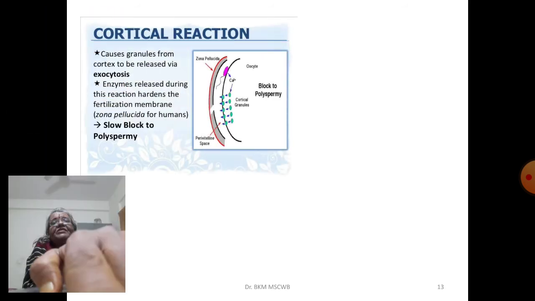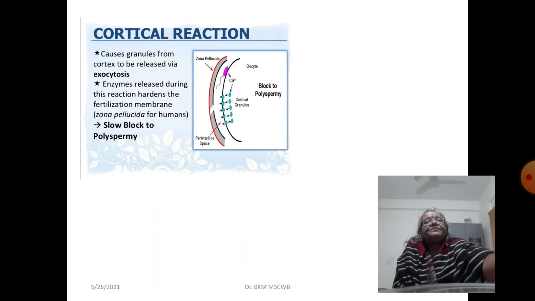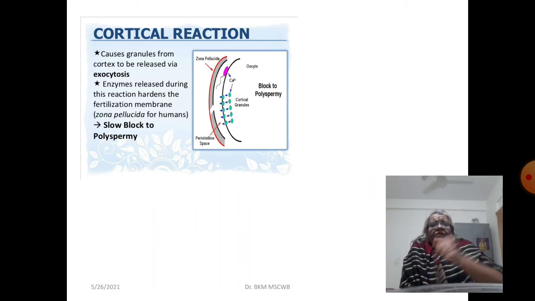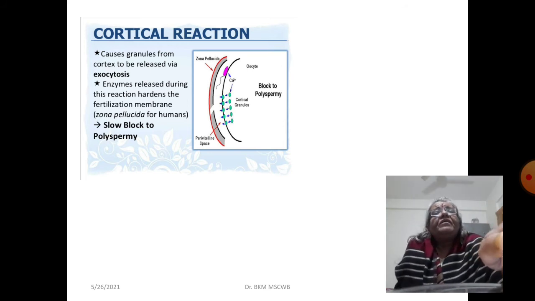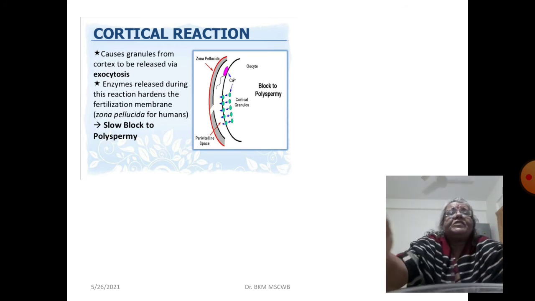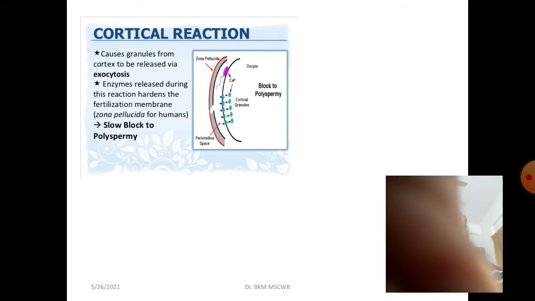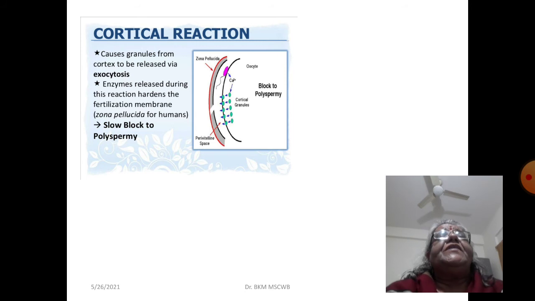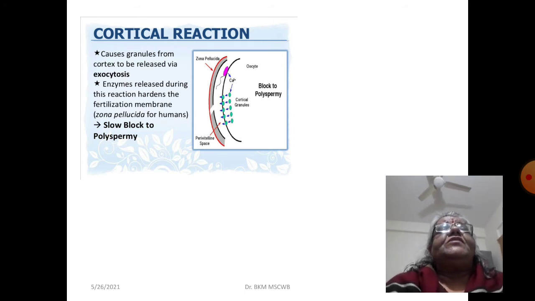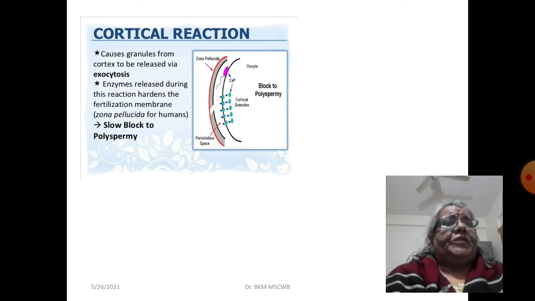Now, here you can see a plate showing you the cortical reaction. So here, what happens is, you can see granules from the cortex which are released through exocytosis.